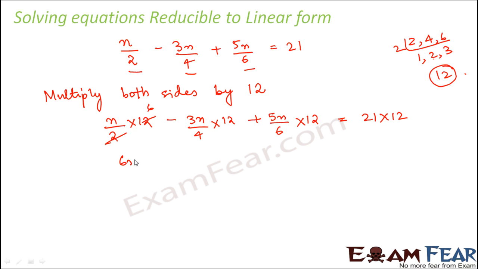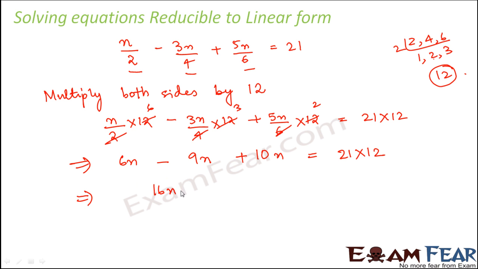So this is 2 6s are 12, so this is 6n, minus 4 3s are 12, so this is 9n, plus 6 2s are 12, so this is 10n, is equal to 21 into 12. So we keep it as it is as of now.